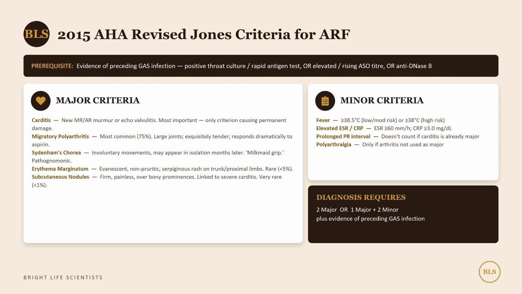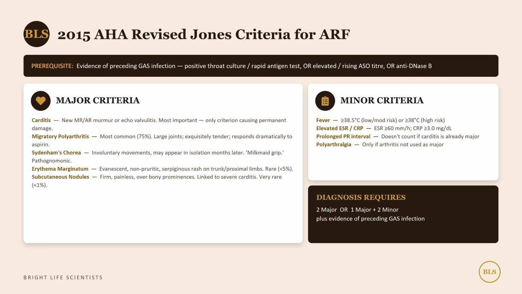So to summarize, Jones criteria is a diagnostic tool which we are going to use in the diagnosis of acute rheumatic fever, and it has the major and the minor criteria, whereby the major criteria is composed of carditis, migratory polyarthritis, Sydenham chorea, erythema marginatum, and subcutaneous nodules.